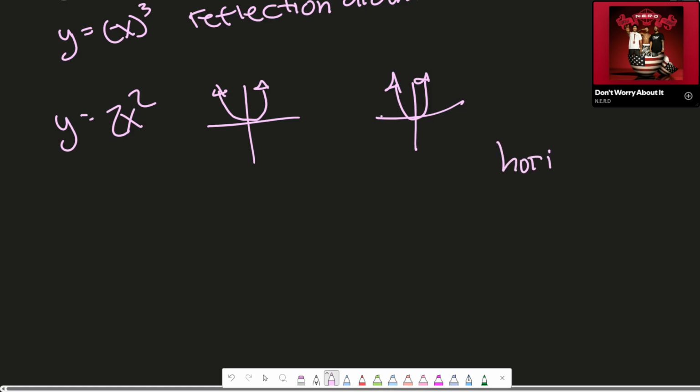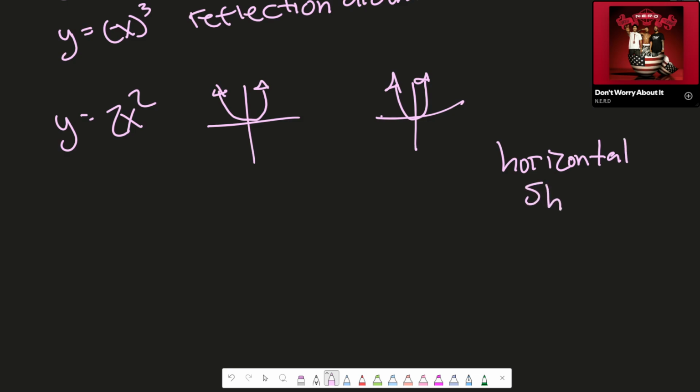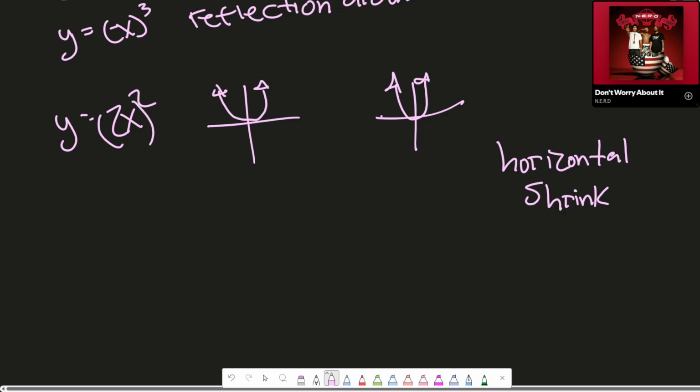And although you might be thinking, why, when multiplying by a value greater than 1, is that a shrink out of everything? If you're confused, we're squaring 2x, and that multiplying on the x is what really makes it horizontal.